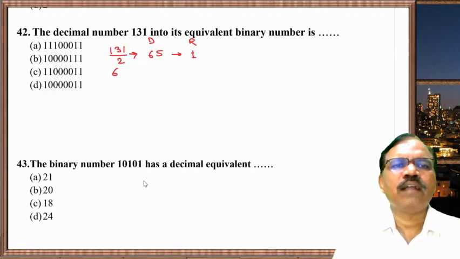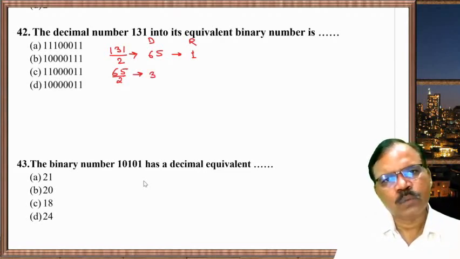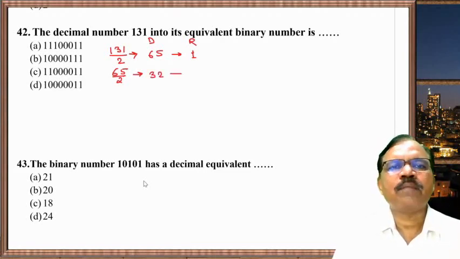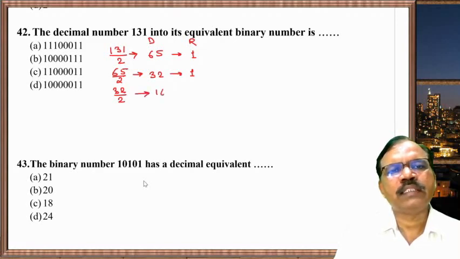Now divide this division by 2. So 65, we will get 32 and remainder 1. Then 32 divided by 2, we will get 16 and remainder is 0.